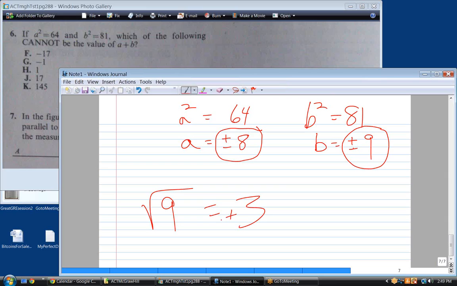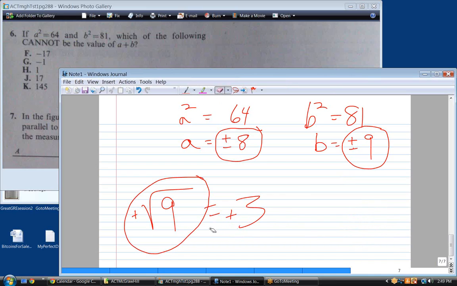Only plus 3. Because when I write it like that, I'm presuming a plus sign in front by convention. The same way that if I write the number 3, you assume it's plus 3. I don't have to write the plus in there.